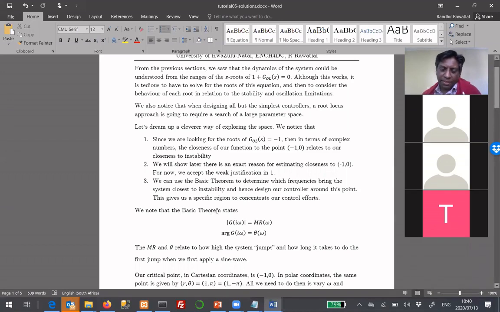The basic theorem, which is derived and proved in detail in the notes, tells us that if we just apply i omega in our function and take the magnitude of that, then that is going to give us the magnitude of the jump, and the argument of that same function will tell us how long it takes. Right, so that's the basic theorem.